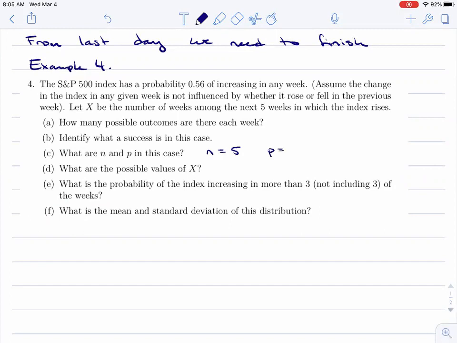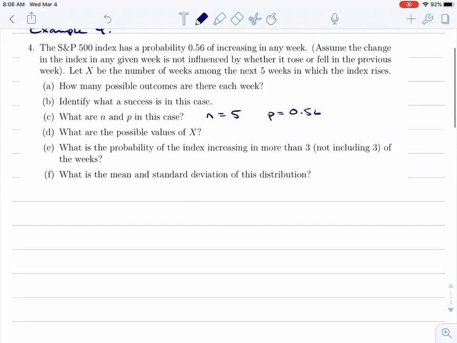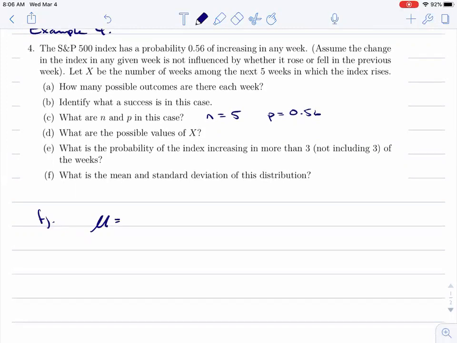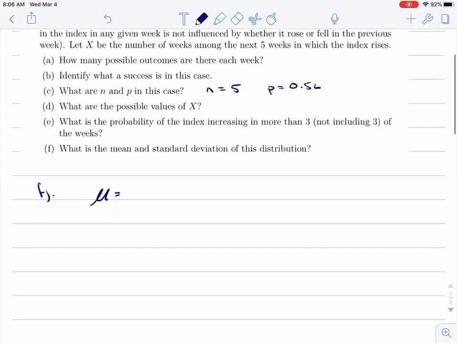And the probability of a success was 0.56, right? The probability of a stock increasing in any week. So part F, we said that we can find the mean mu by just calculating n times p, right?